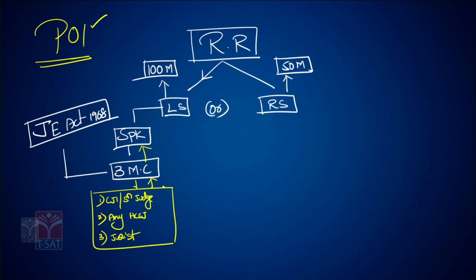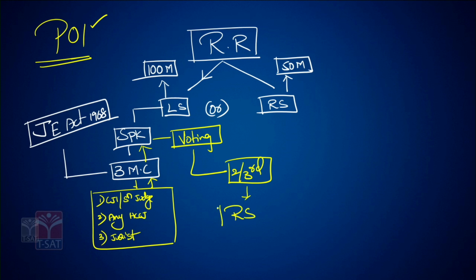If this committee finds the judge guilty, only then will the Speaker put the resolution for voting, and it has to be accepted by a 2/3 majority. Once it is accepted by a 2/3 majority, it will go to Rajya Sabha. Even in Rajya Sabha, it has to be accepted by a 2/3 majority.